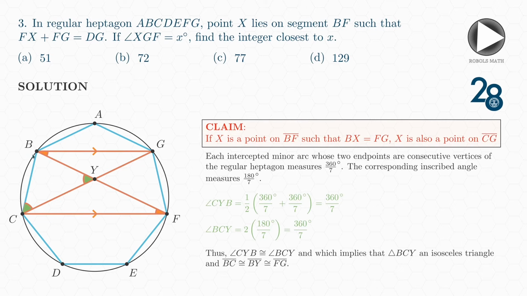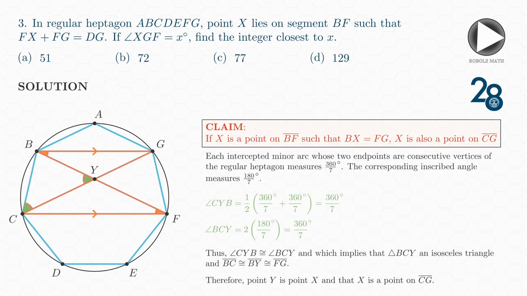And since BC is a side length, then we can say that BY is equal to FG as well. So we have concluded here that Y is a point on line BF that is FG distance far from point B. And it also lies on the segment CG. Therefore, we conclude that point Y is actually point X. And we have proven our claim.